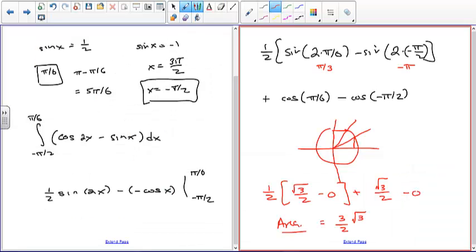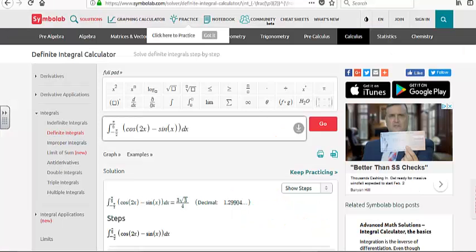So let me get my calculator out, figure out what my answer is in terms of the decimal. So the answer was 3/2 times the square root of 3, which is, what did I get here? The wrong answer.